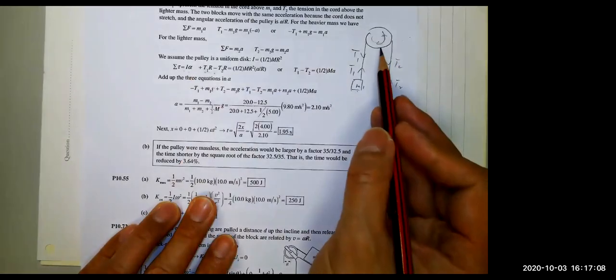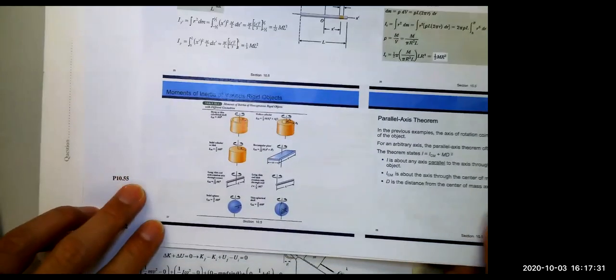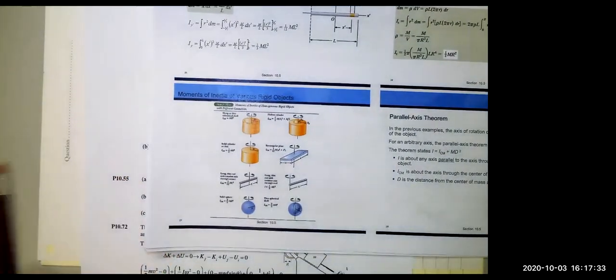This is a wheel. Axis of rotation is here, so it goes all the way downward. According to the table for the moment of inertia, for such a wheel, use a bit of imagination.